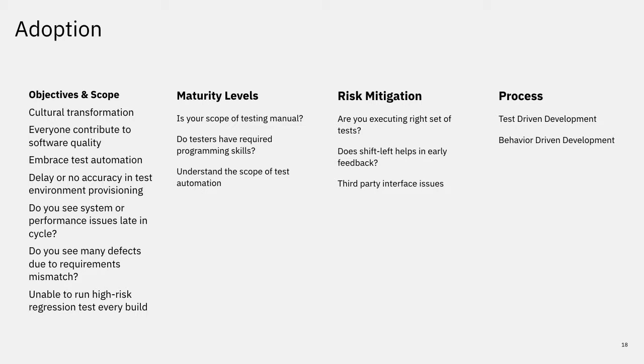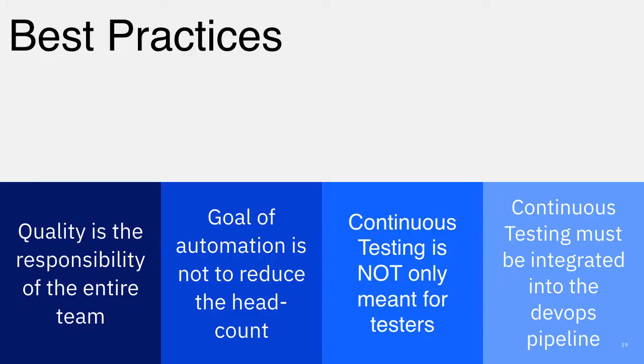So in terms of the process, test-driven development and behavior-driven development are some of the best practices that have proved very useful for adopting continuous test processes. Let's look at some of the best practices. As we talked about, quality is the responsibility of the entire team.